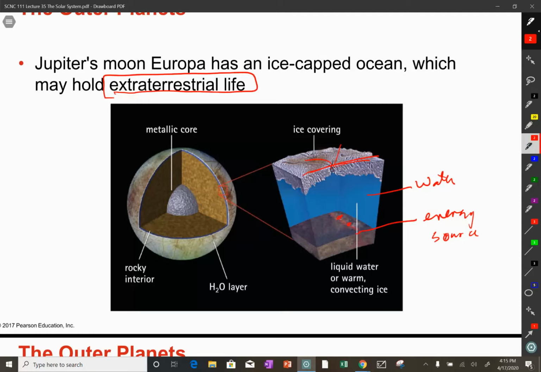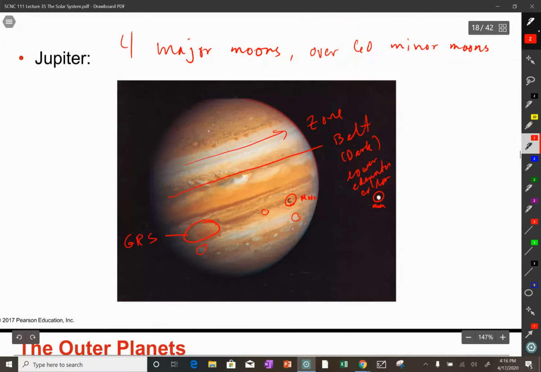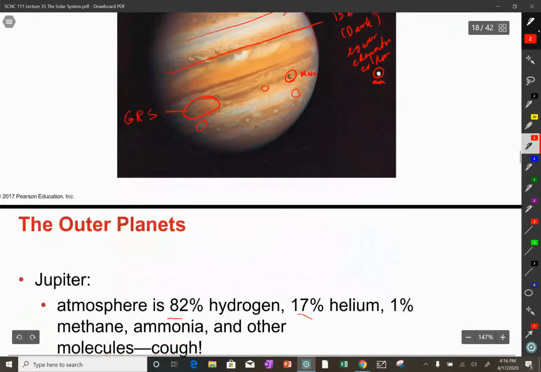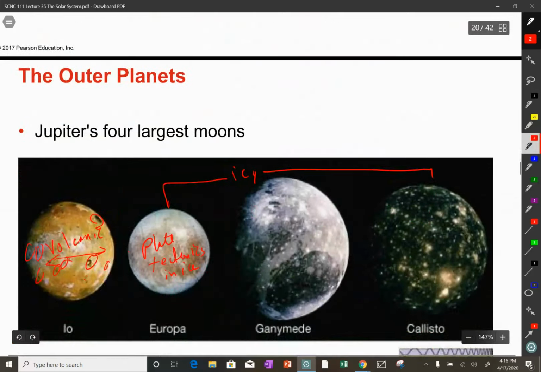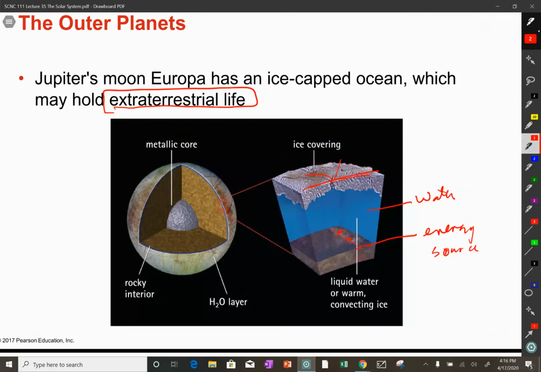So when scientists have sent orbiters to orbit around Jupiter, they're very careful to make sure that nothing interferes with Europa. They don't want any spacecraft crashing into it, any debris hitting Europa, because they hope at some point that they can come to Europa with a spacecraft and look for signs of bacterial life.